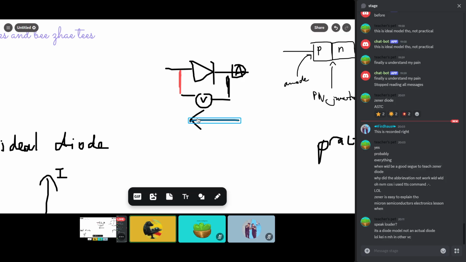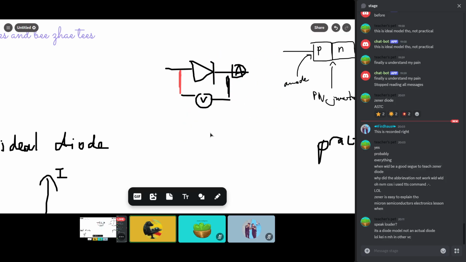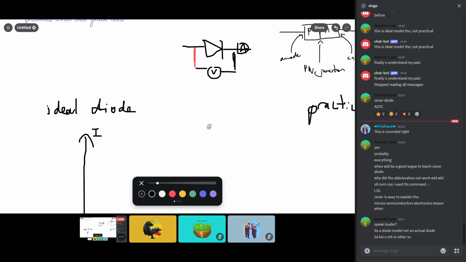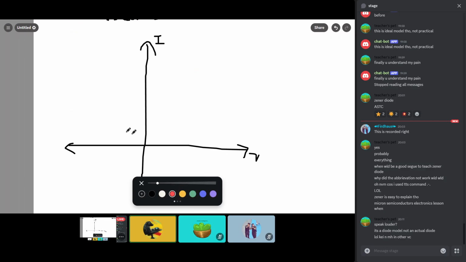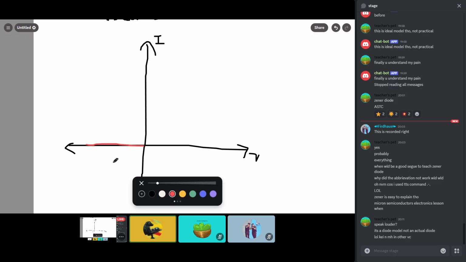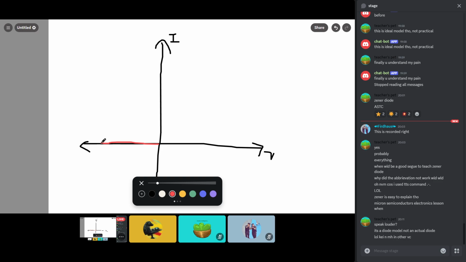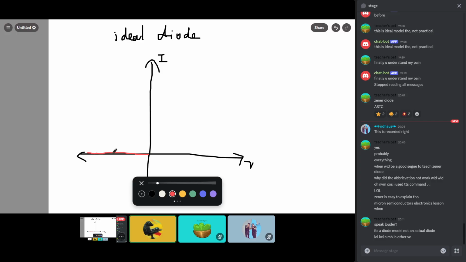So recall it'll be blocked by the bar, so it's resisting the current, and we can describe this as the current being zero when voltage is negative, like that. Okay, so as long as the voltage is negative, in the model of an ideal diode, the current is 0. Okay.